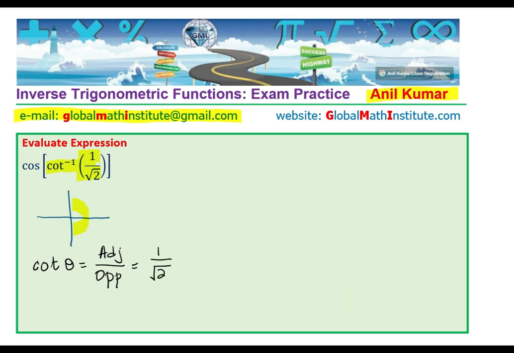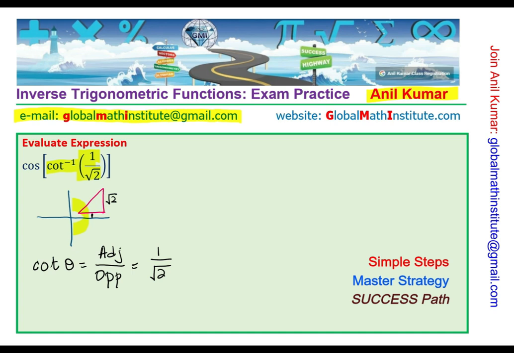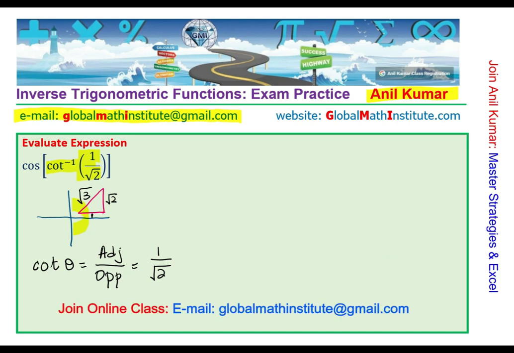So if I make a triangle here, then the adjacent side is 1 and the opposite side will be square root 2, correct? So therefore the hypotenuse is going to be the square root of 2 plus 1, so I'll rewrite this as square root 3. Perfect. So that becomes our triangle with the angle here as theta.